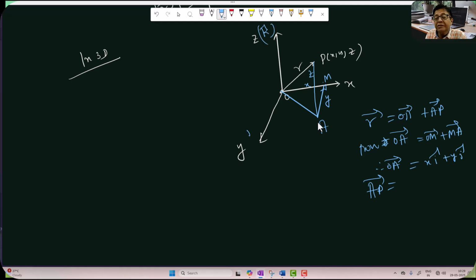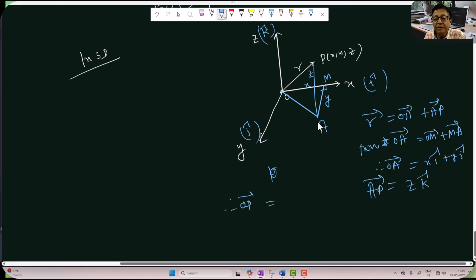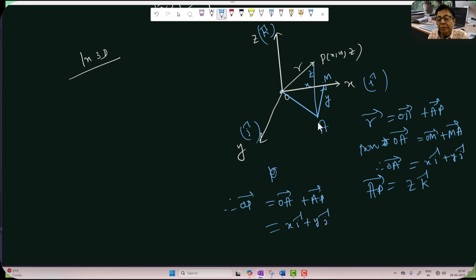AP is what? That is along the z axis. The unit vector in this direction be k cap. So AP vector you write, that is z into k cap. Therefore, OP vector will be OA plus AP. OA we found. AP also we found.